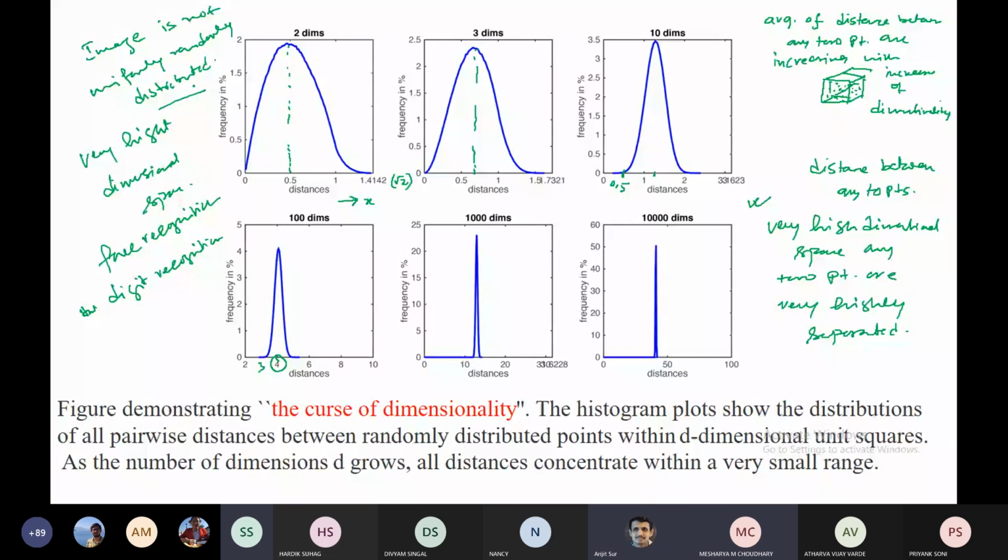But if it is uniformly randomly distributed, it is completely haphazard. Tough. They are trying to find that particular submanifold or subspace where most of the points are lying.